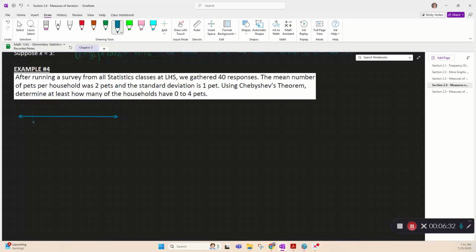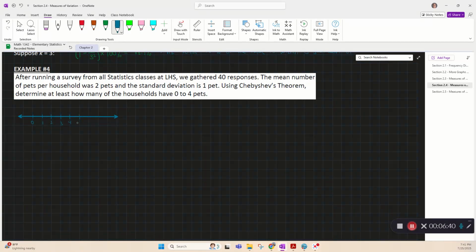If I start at 0 and I just count, 1 pet, 2 pets, 3 pets, 4 pets, 5 pets, etc. Now, they tell me 2 is the mean, 1 is the standard deviation.